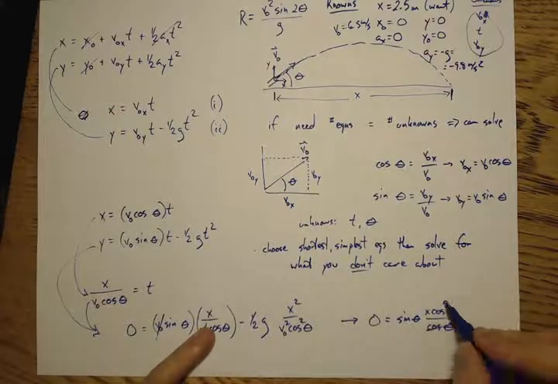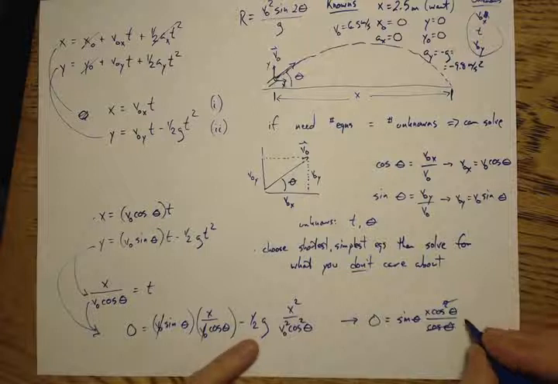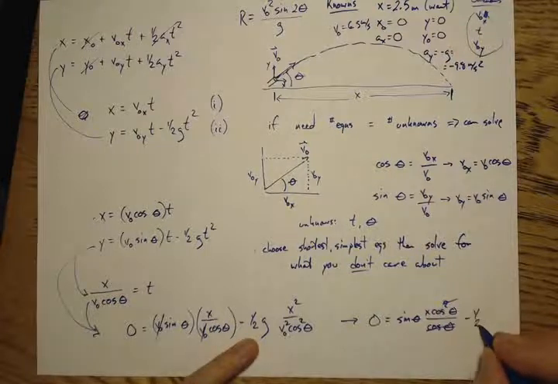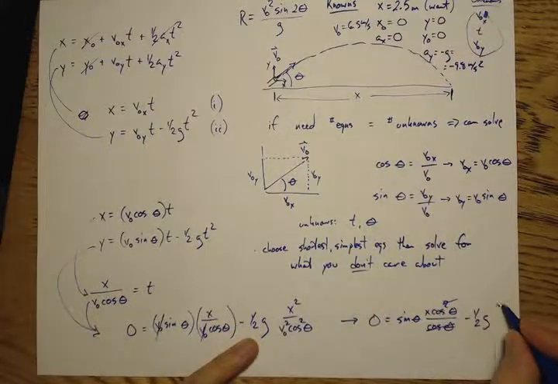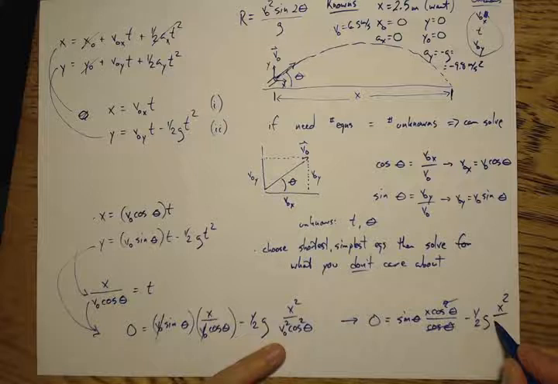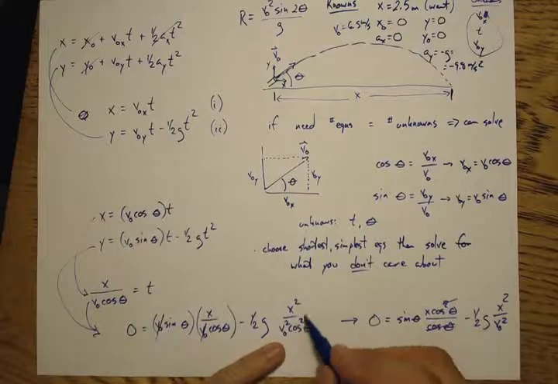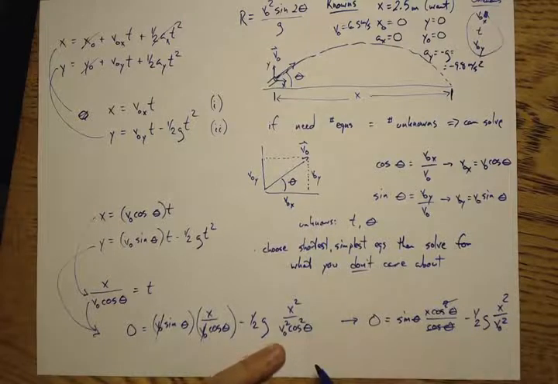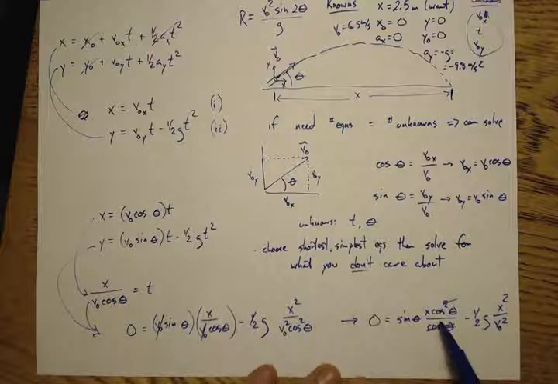But this one's going to cancel out with one of those. And minus 1/2 g x squared over v naught squared, because when I multiplied through by my cosine squared theta, these ones canceled out. Okay, so now I'm starting to get a term that looks like it only cares about theta.